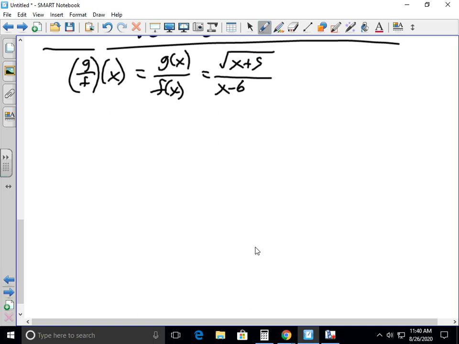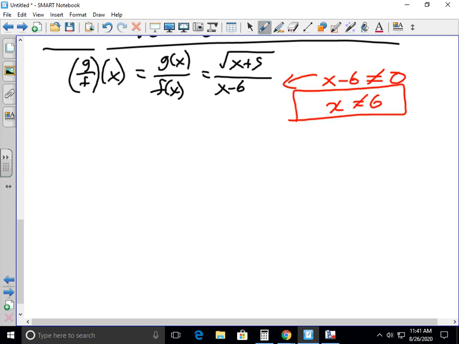So first of all, what's a number we can't use? Well, we have a fraction. We know x minus 6 cannot be 0. If we get 0 on bottom, we're undefined. That's not okay. So if we solve for x, add 6 to both sides. So x cannot be 6.